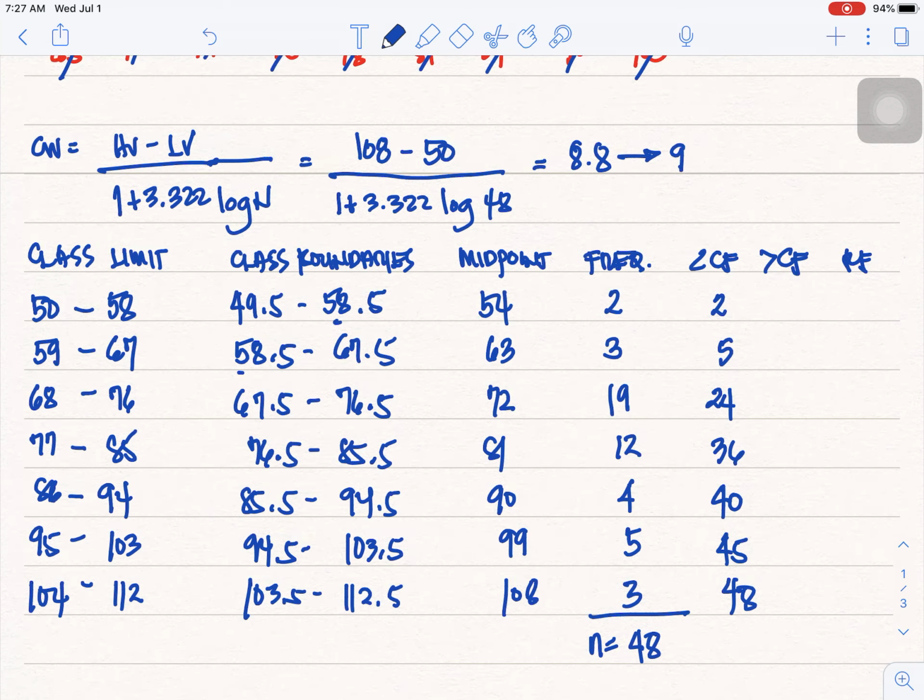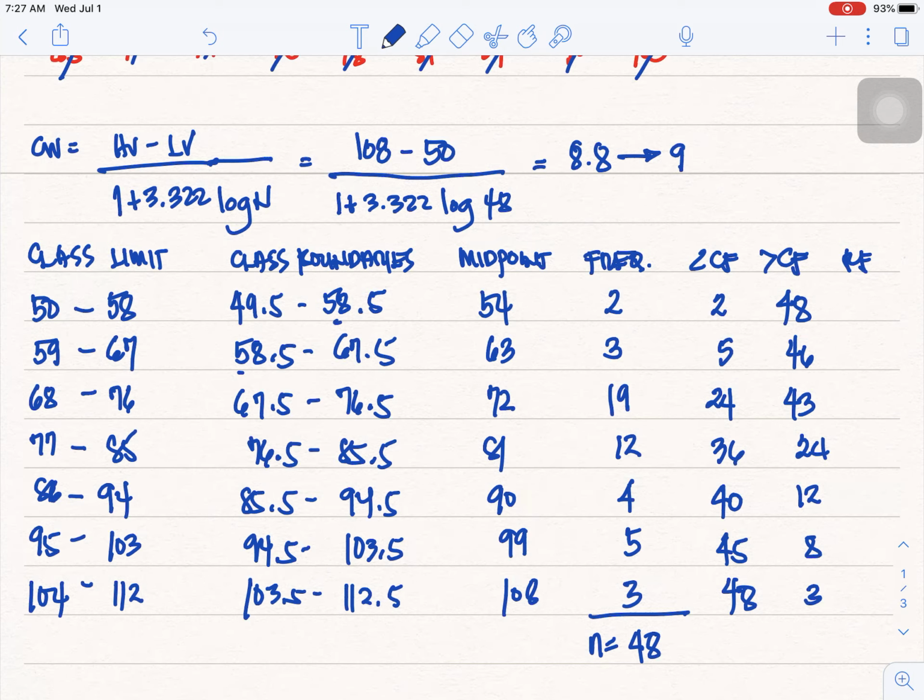Then for the greater than cumulative frequency, we add from bottom to top. We have here 3 plus 5, 8, plus 4, 12, plus 12, 24, plus 19, 43, plus 3, 46, plus 2, 48.